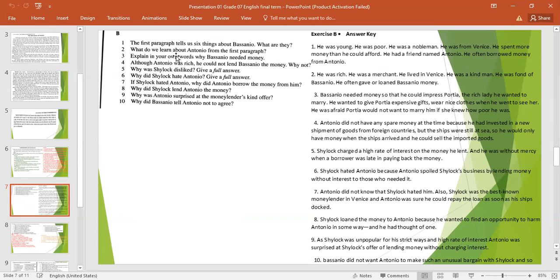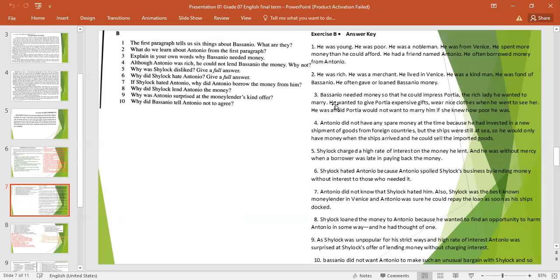Question 2: what do we learn about Antonio from the first paragraph? The answer is he was rich, he was a merchant, he lived in Venice, he was a kind man, he was fond of Bassanio, he often gave or loaned Bassanio money. Number three, explain in your own words why Bassanio needed money.